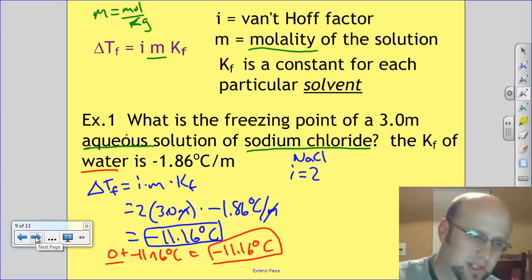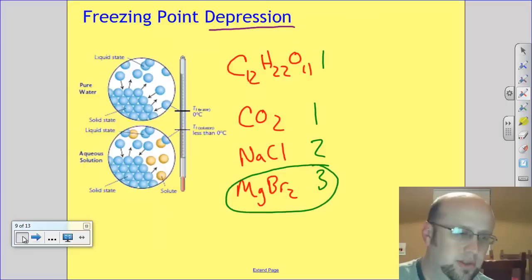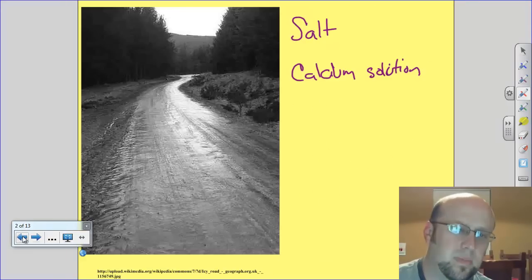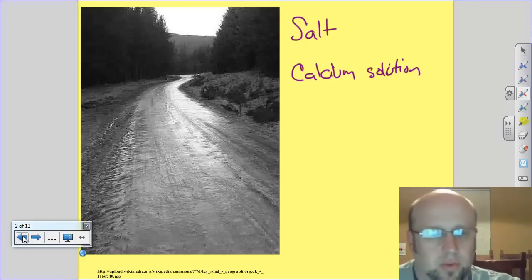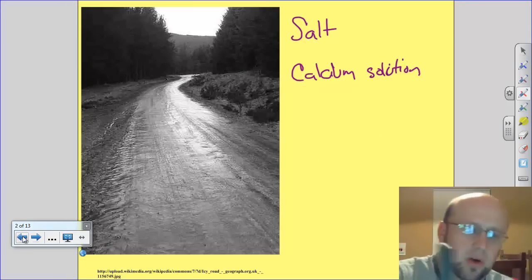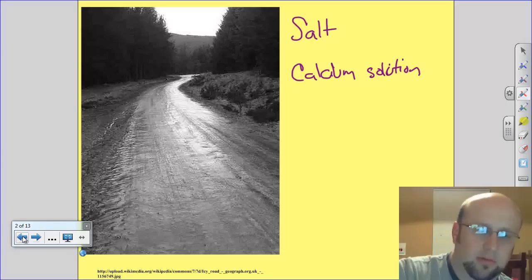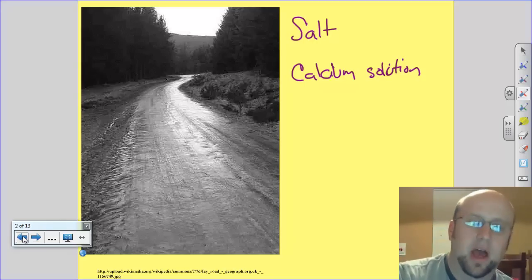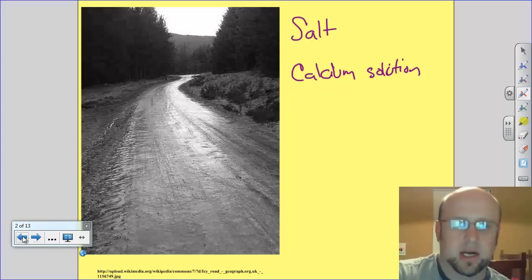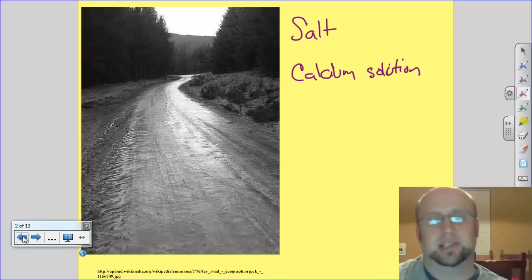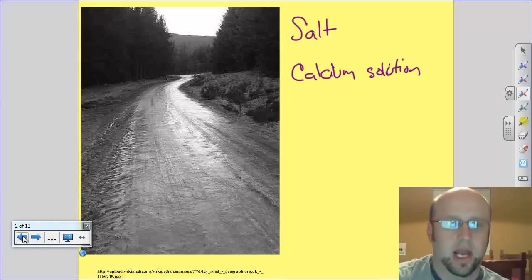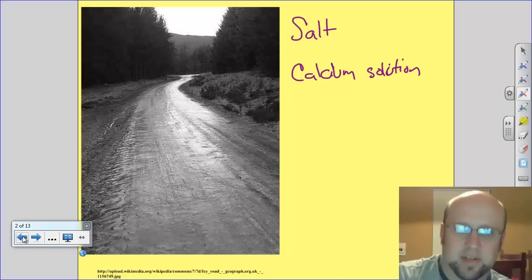Let's go back real quick to our icy road. The reason that we put salt on the road is that adding salt to that water forms a solution of a given molality. That lowers the freezing point so that instead of freezing at 0 degrees Celsius, or 32 Fahrenheit, it might drop by 5 to 10 degrees.